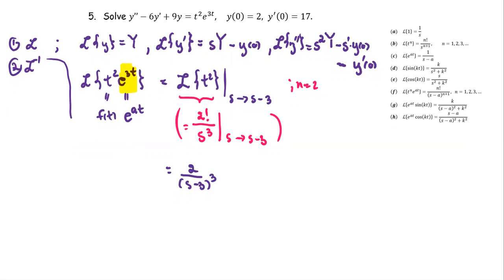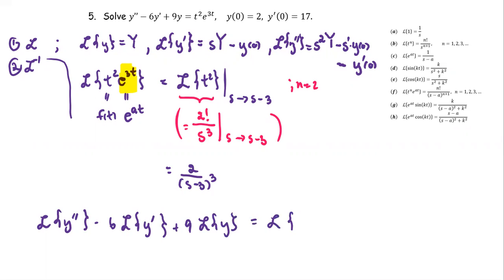First, we're going to apply the Laplace transform to all terms. So the Laplace of y double prime, minus 6 as the constant multiple times the Laplace of y prime, plus 9 times the Laplace of y, equals the Laplace of t squared e to the 3t.